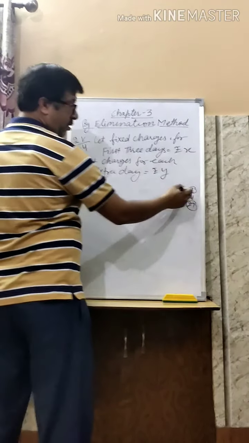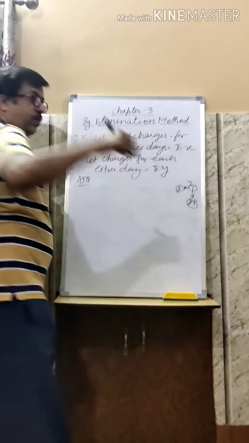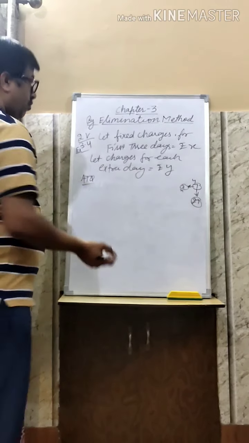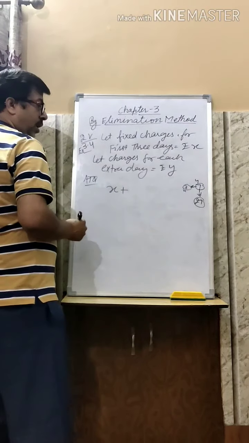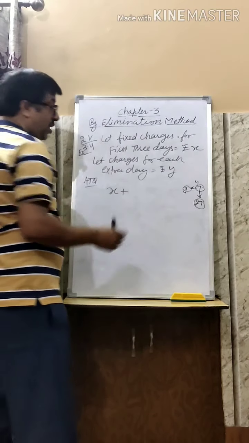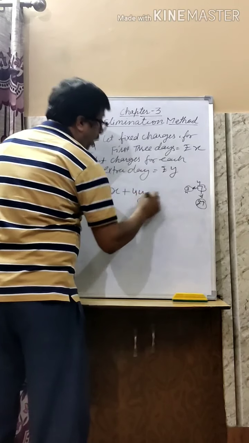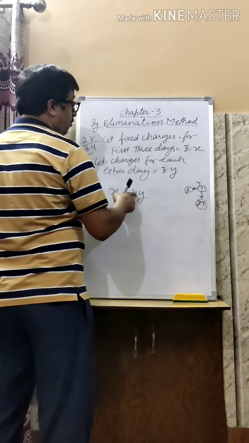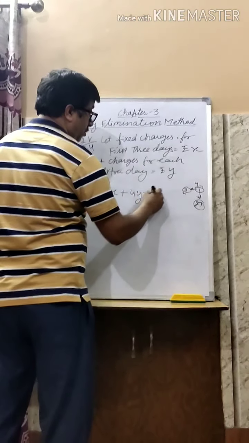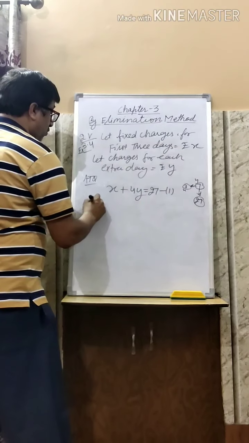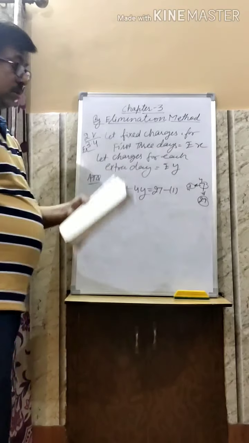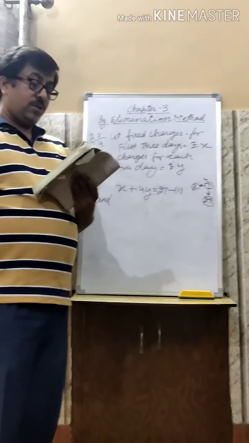How many days left? 4 days left. Then per day y rupees. So for 3 days x, and then how many days left? 4 days left. So 4 per day y rupees. So then x plus 4y is equal to 27. This is the first equation, and second equation also.